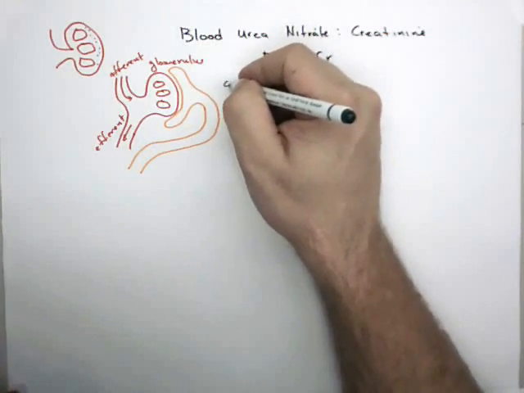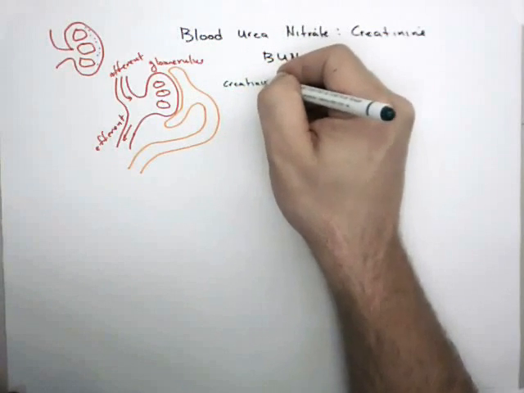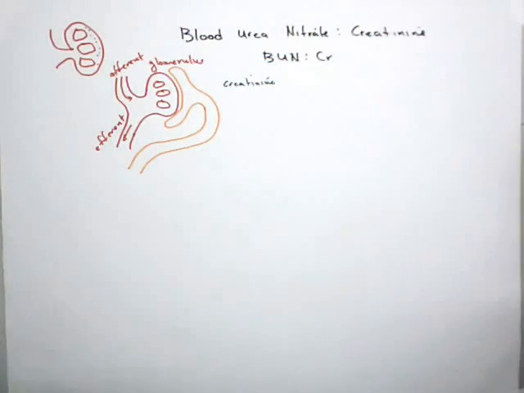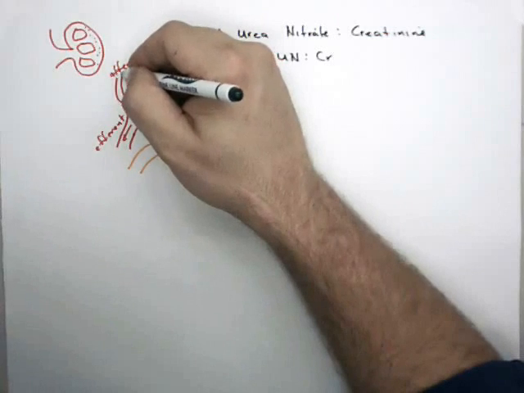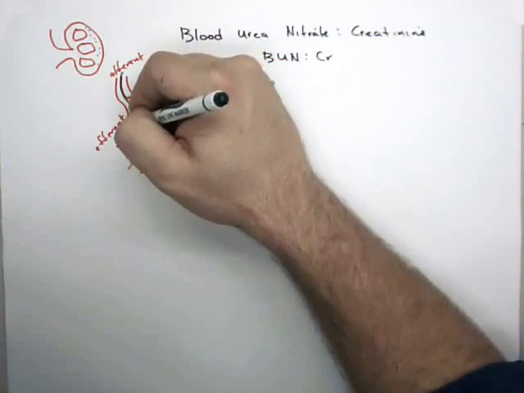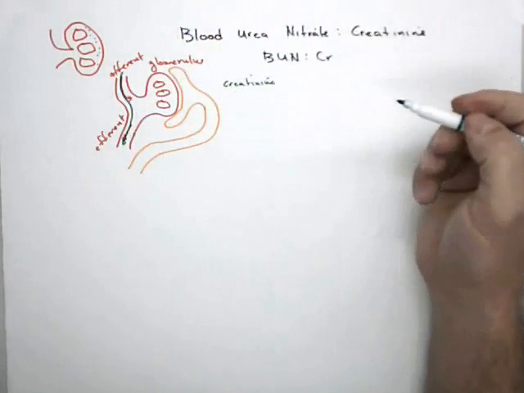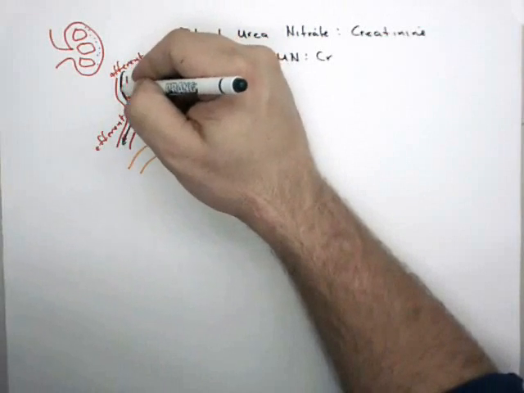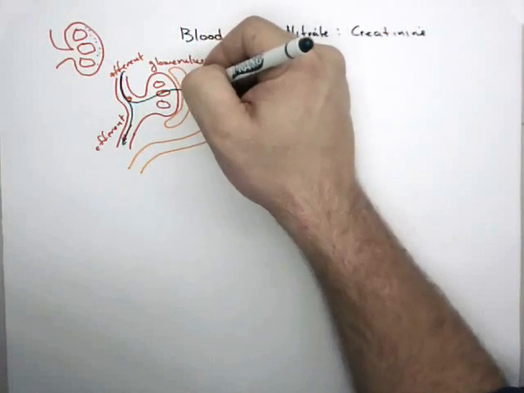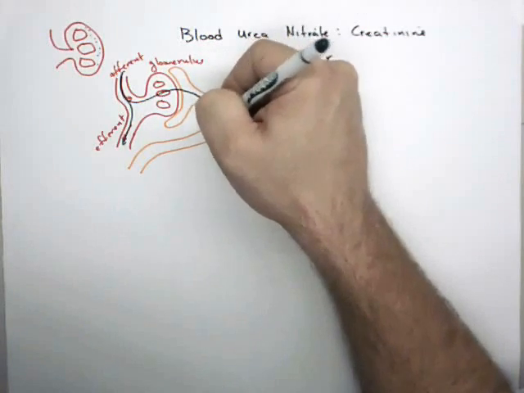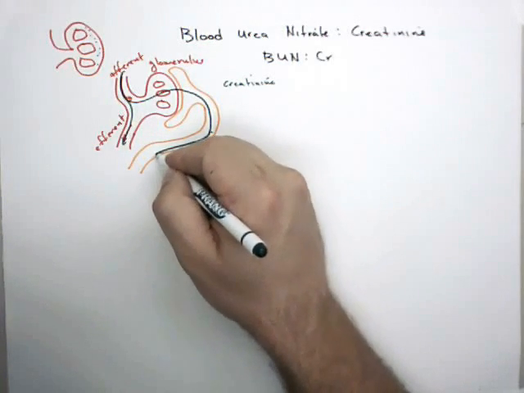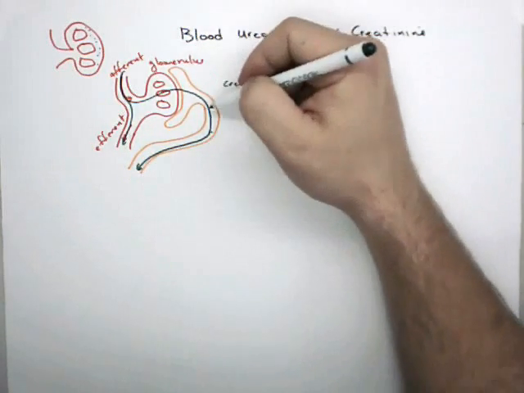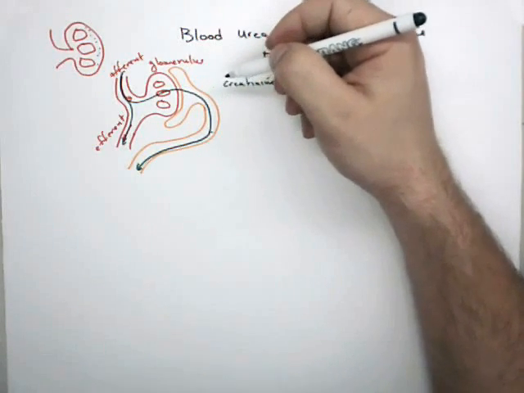I'm going to do creatinine in green. Creatinine is a waste product, and so that will be in the blood, and some of it will make it through here. It won't get filtered, and so it's going to remain in the blood. But most of it is going to get filtered, and the thing about creatinine is once it's in these tubules, so I didn't really go into detail about the different structures here. If you watch the other video, you can see those.